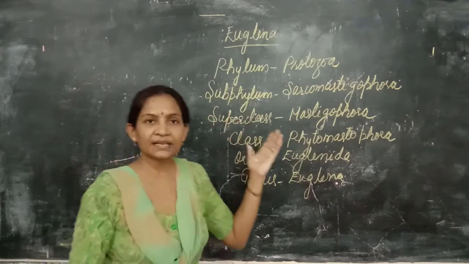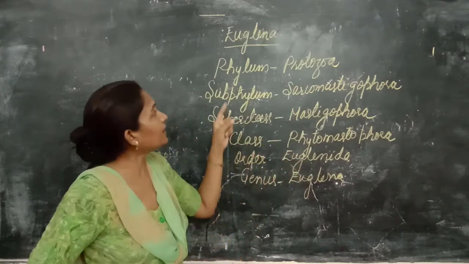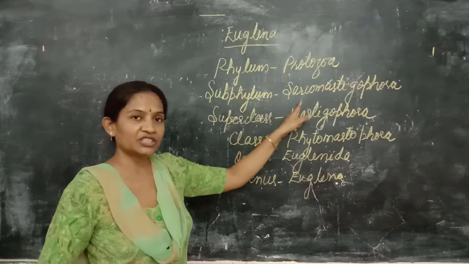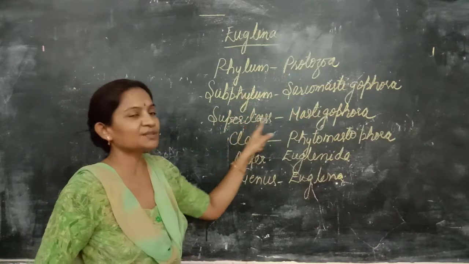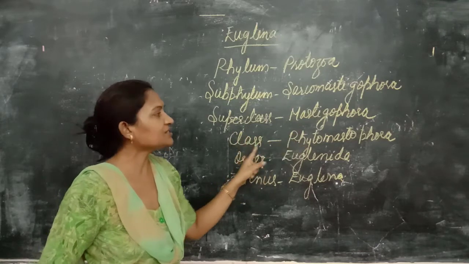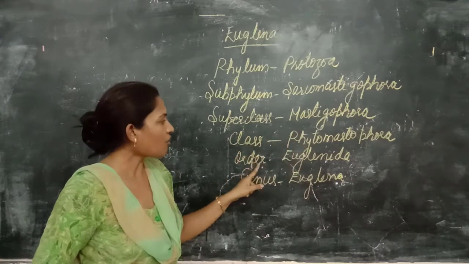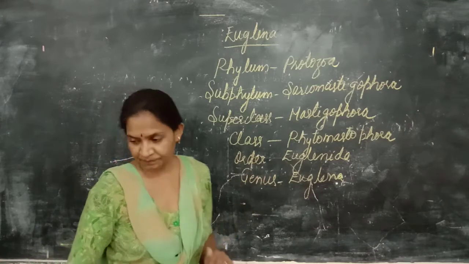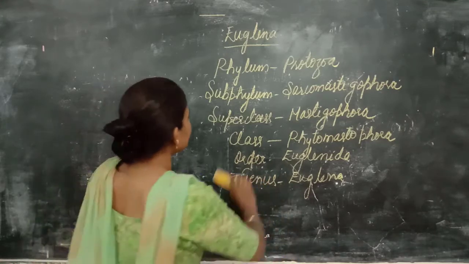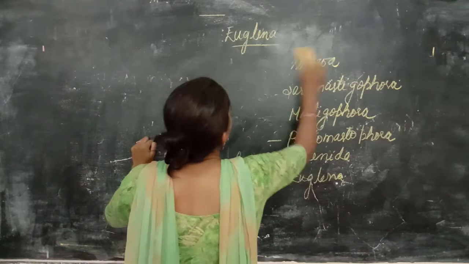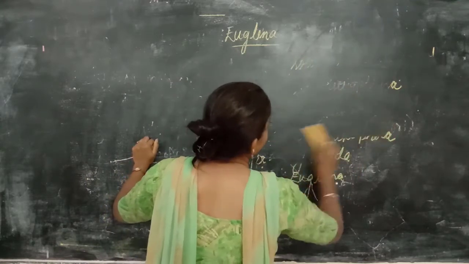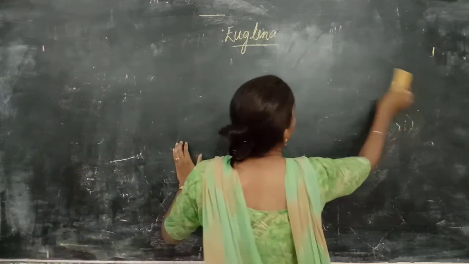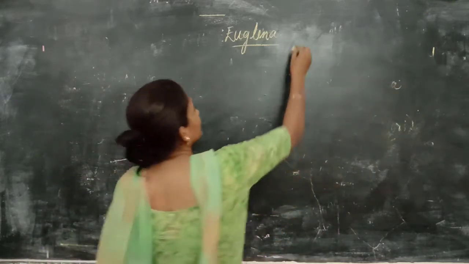So this is the classification of the Euglena: phylum Protozoa, subphylum Sarcomastigophora, superclass Mastigophora, class Phytomastigophora, order Euglenida, and genus Euglena. Now we see what is the morphology of Euglena.